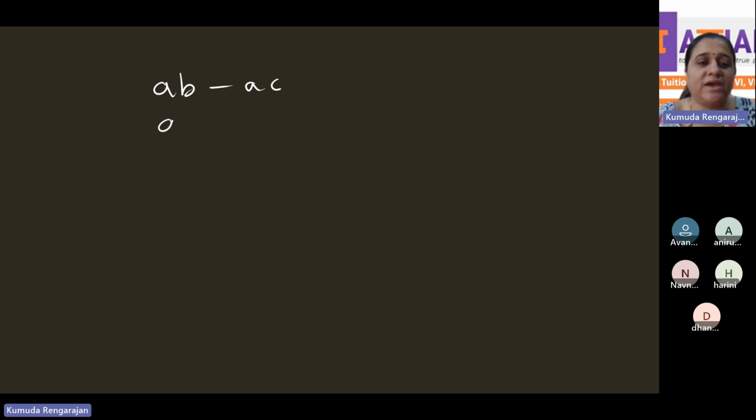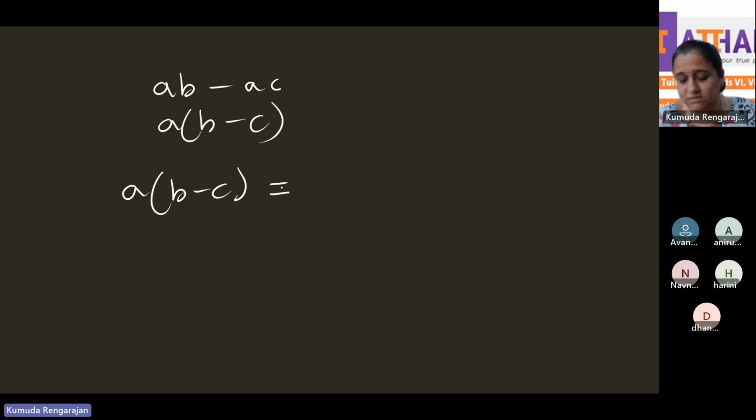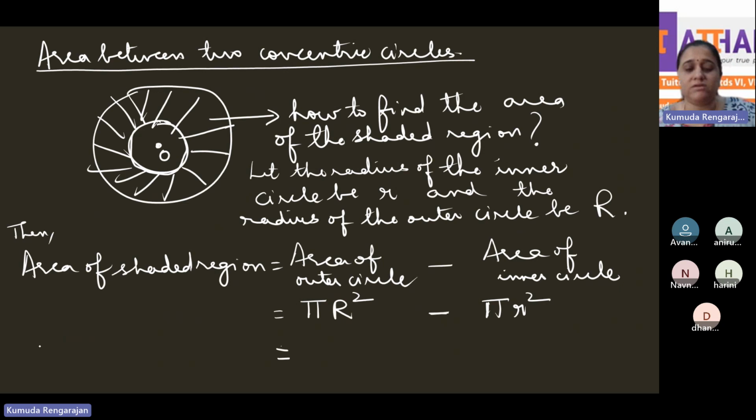You can take out A common and write it as A into B minus C. A into B minus C is A into B minus A into C. So pi common, you can write capital R square minus small r square, square units.